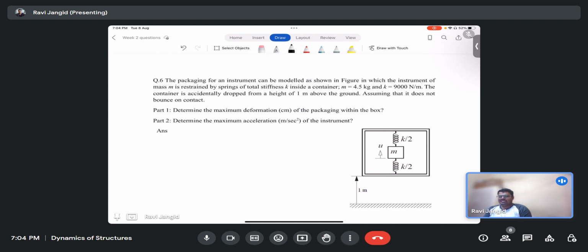The container is accidentally dropped from a height of 1 meter above the ground. We assume it does not rebound after falling to the ground. We need to determine the maximum deformation of the packaging within the box, and the maximum acceleration of the instrument.